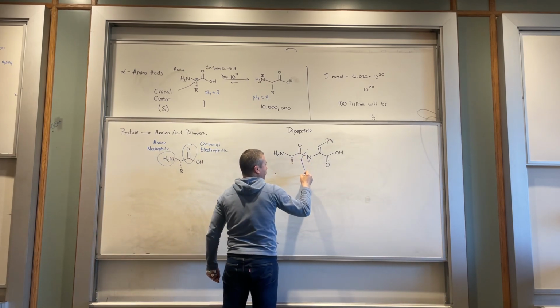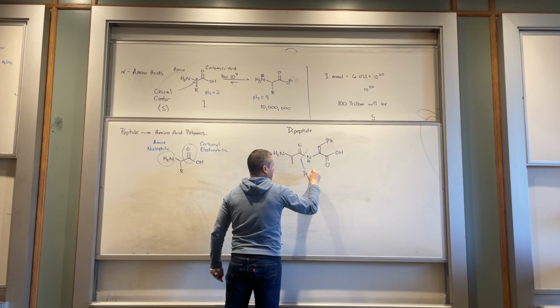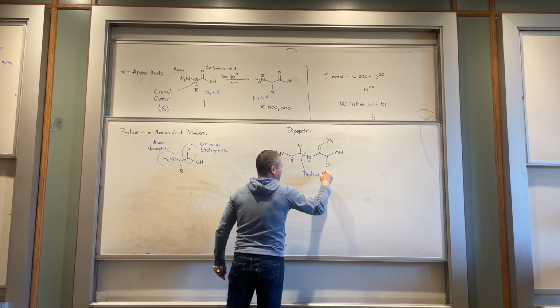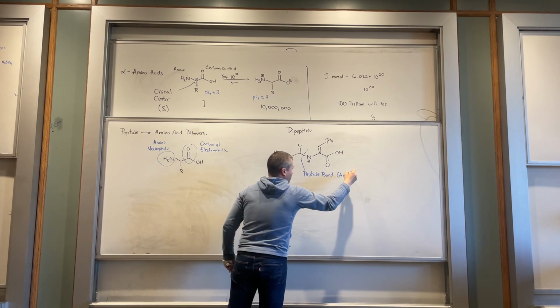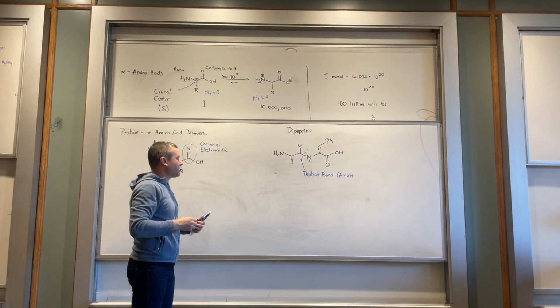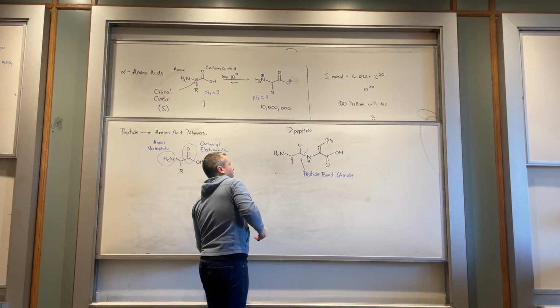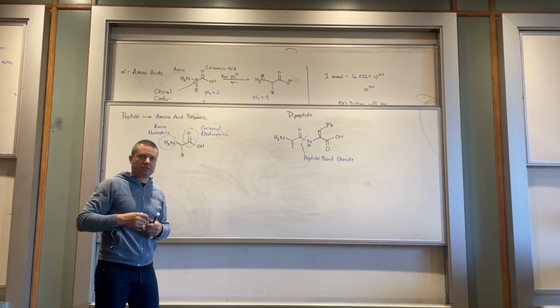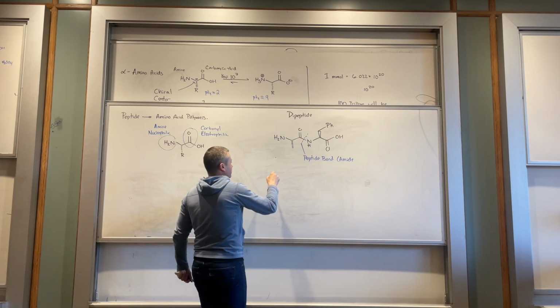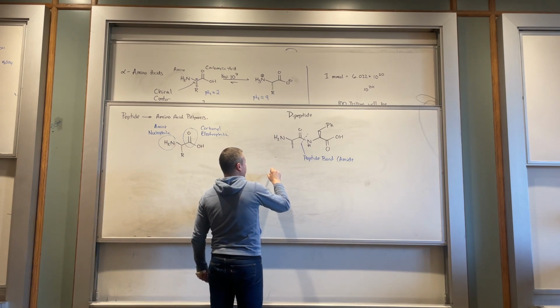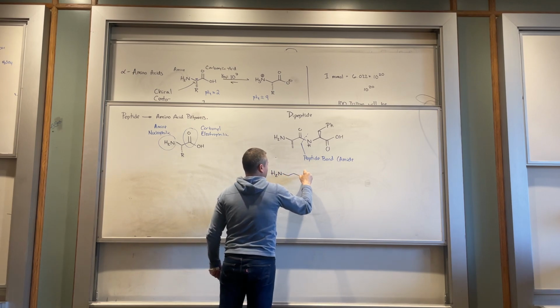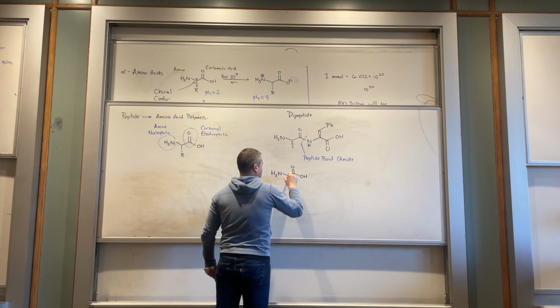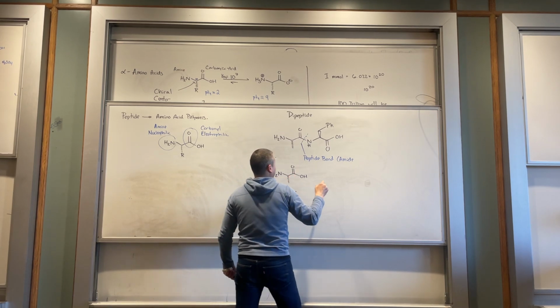So this is what we refer to as a peptide bond. And in this dipeptide, this is how those two amino acids are connecting to each other. So the two amino acids that make up this dipeptide are going to be alanine and phenylalanine.